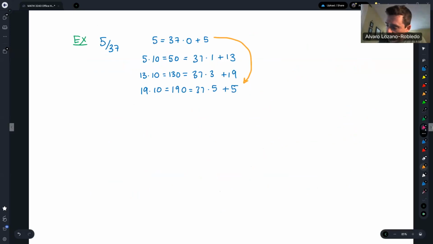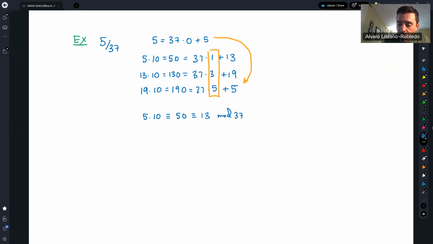So the length of the period will be 3, as in this 135 that we already see here. The period is going to be 135, and it is there. But if we only care about the length of the period, what I can do is just use congruences. So I start with 5 times 10, that is 50, and modulo 37, that is 13 modulo 37. And then multiply by 10.